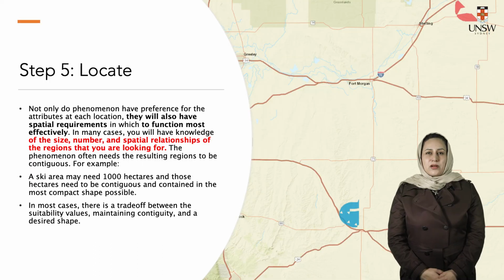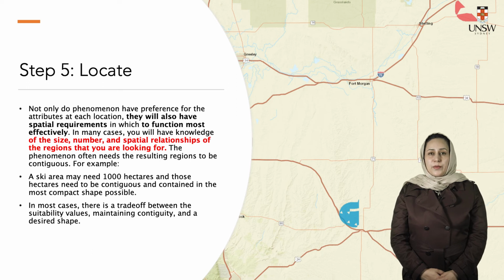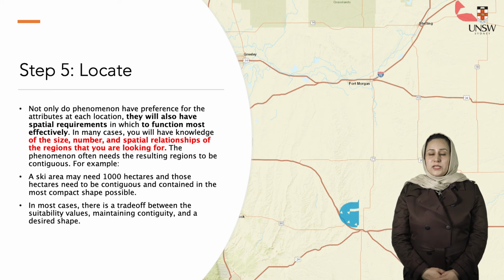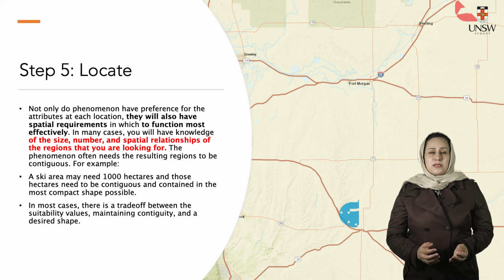When the candidate sites are detected, it is necessary to see which site is more appropriate based on other factors, such as the shape and size of the identified candidate sites, derived from the suitability analysis, or a special relationship between the candidate sites with other regions. For example, for a ski site, we might decide on a more compact candidate site.